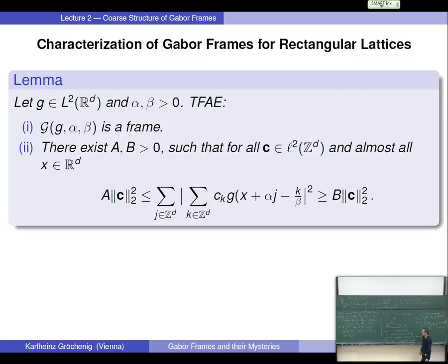So for windows that are not in the Feichtinger algebra, the critical hyperbola may be part of the frame set. And I hope that tomorrow, if somebody can help me with copying, cutting out images from papers, I will show you a little bit about the frame set.